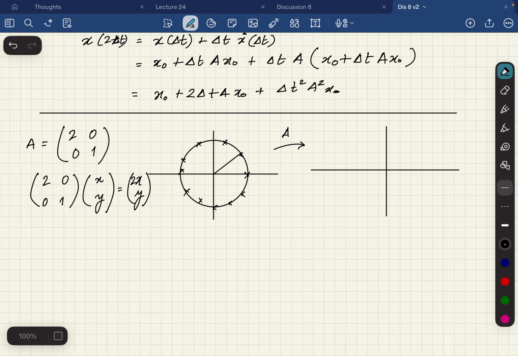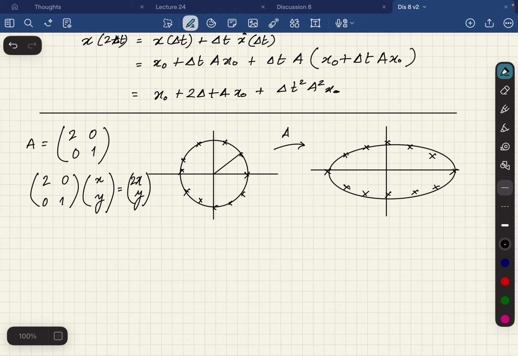So now you see that the y coordinate of every point will still be the same, but the x coordinates have doubled up. So the shape will start to look something like an ellipse. What happened here? You had a shape and it got stretched out.